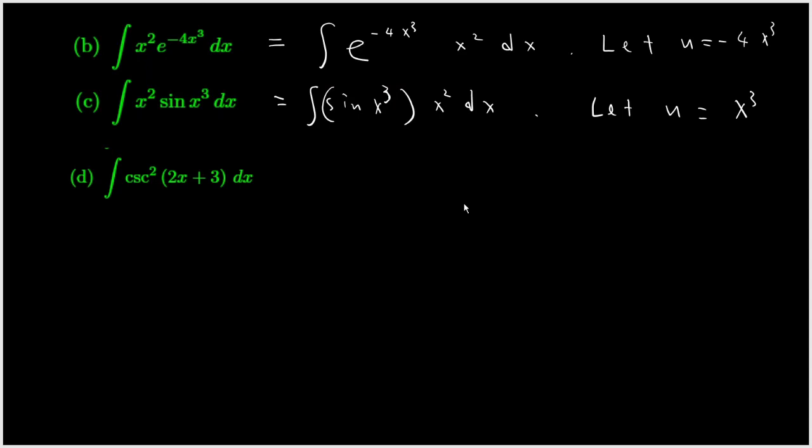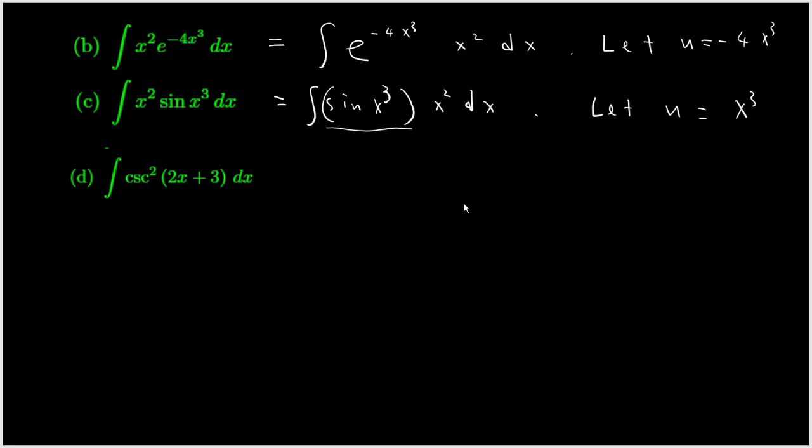So do not choose u to be the whole sine of x cubed. As I told you, do not make u too complicated. Choose u to be a simpler function, so that the underlined function has a simpler to compute antiderivative. Choose u to be x cubed, so this one will work.